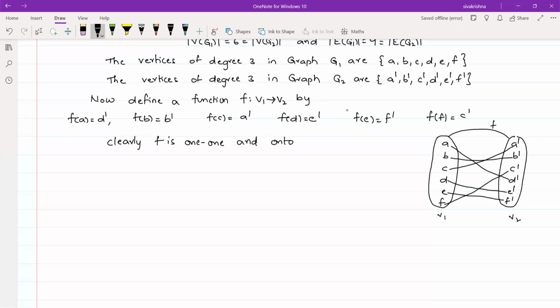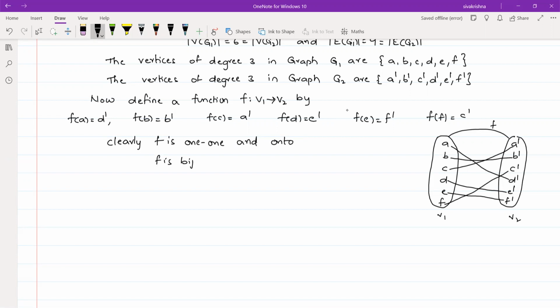Different elements have different images. That is the definition of 1-1. And also onto. Onto is nothing but every element in the codomain should have a pre-image in the domain. Yes, every element in the codomain has a pre-image in the domain. So both 1-1 and onto conditions are satisfied by F. Therefore F is a bijection.